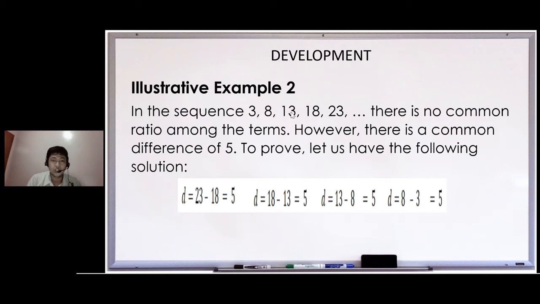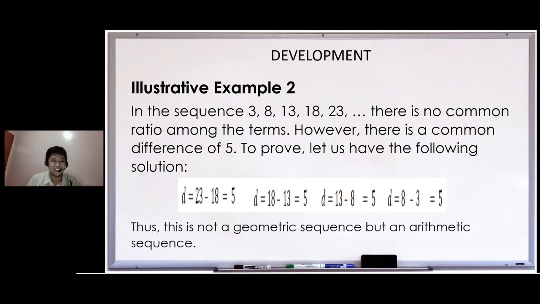The next, 13 minus 8, will give us also 5. 18 minus 13 is also 5. 23 minus 18 is also 5, meaning there's a common difference of 5. Thus, this is not an example of a geometric sequence, but it is an arithmetic sequence.